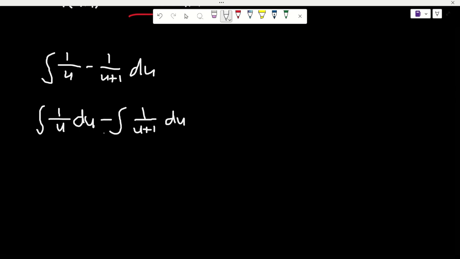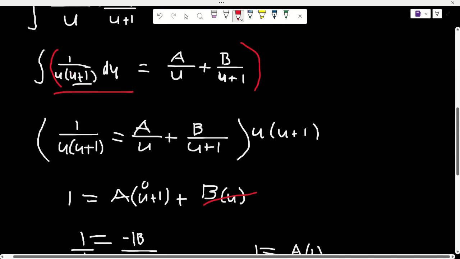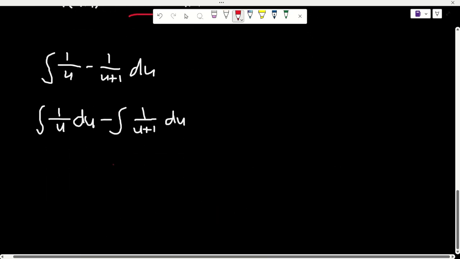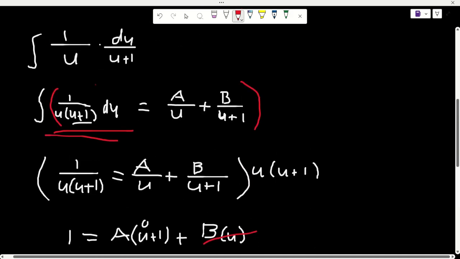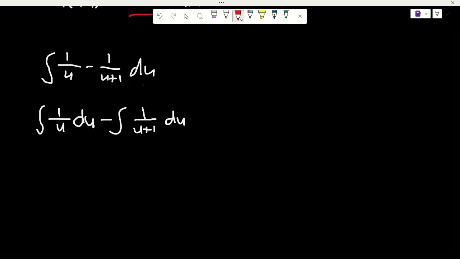Now, we have this simplified form of this one, right? And it is much simpler than this. And as you can see, we can now apply our standard formulas here.